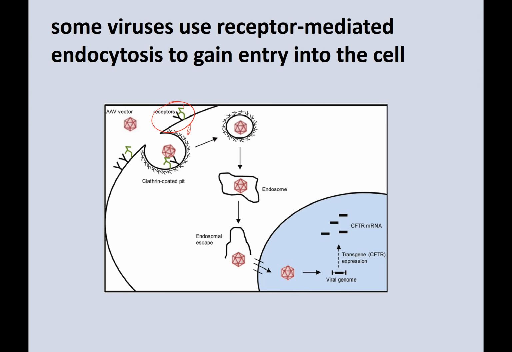And we'll go over lysosomes in just a little bit. What's interesting about viruses is that many of them actually thrive at that low pH, and it helps open up this capsid protein and allow the virus to actually infect. So viruses will trick our cells into using something that we normally use, receptor-mediated endocytosis. It will bring the virus into the cell, and then the virus escapes from the endosome and causes infection.